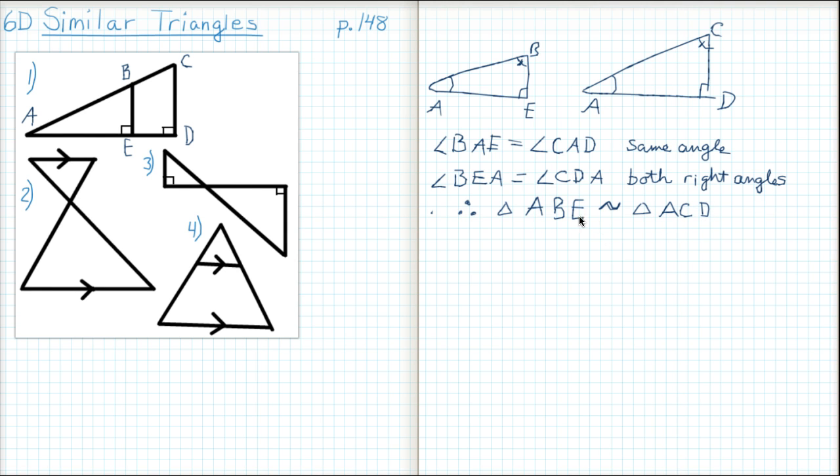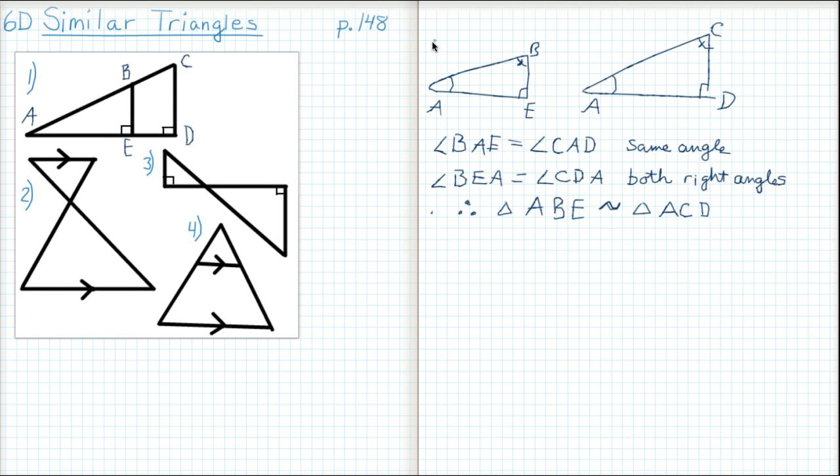Notice that I'm always writing the letters of the various triangles in the same respective order. So if I write ABE on this triangle, then I always do ACD on this triangle, because this angle matches this one, B matches C, and E matches D.